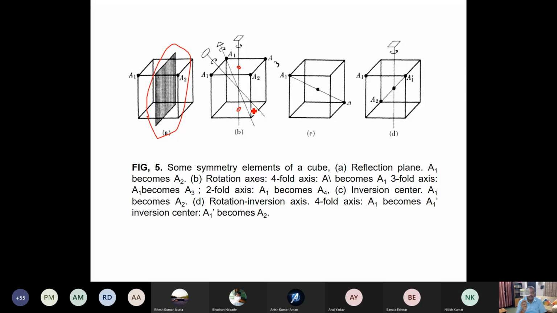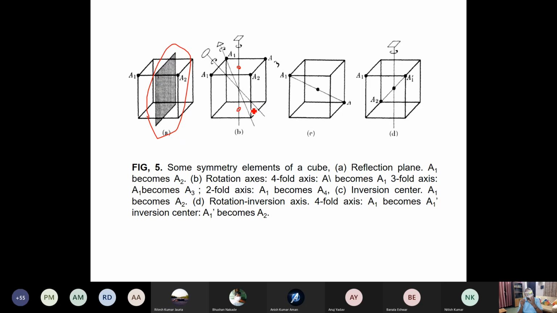Four-fold rotational axis. Now I join the body diagonal, 2 opposite edges. You see, let me do it this way, it will be easier for me because the sticker is facing towards you. Along the body diagonal, I pass my square rod. You see a cube? Yes, sir. I rotate by 120 degree.